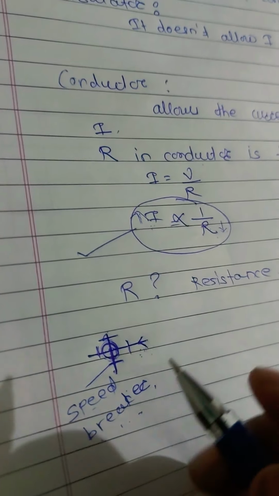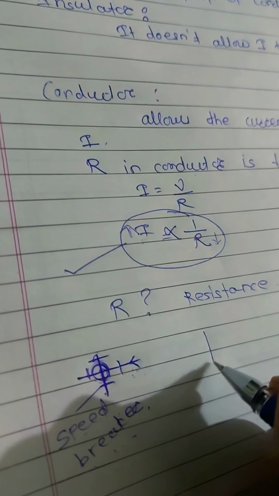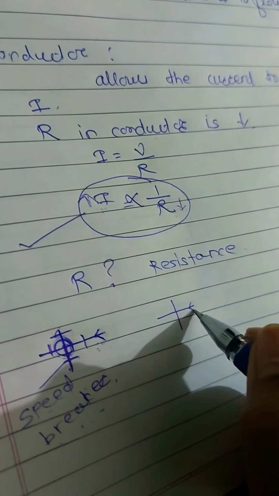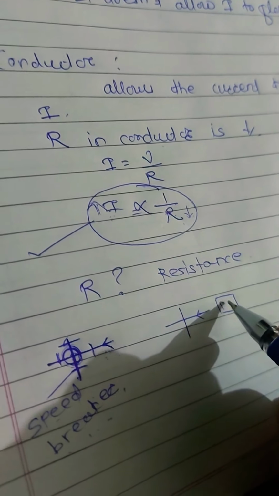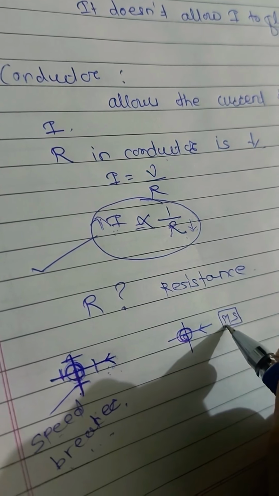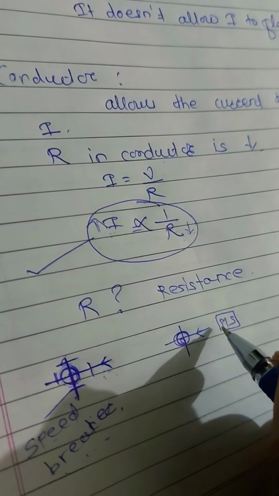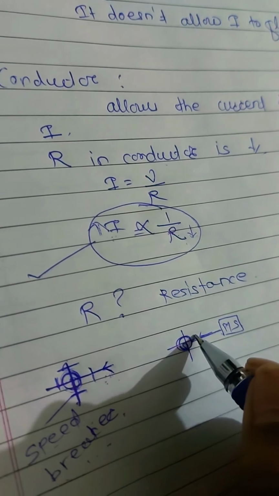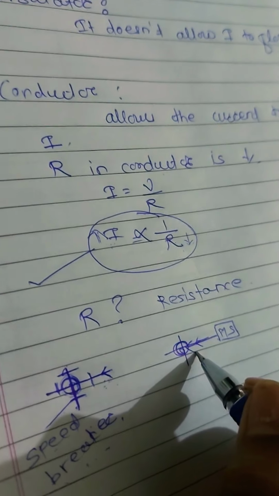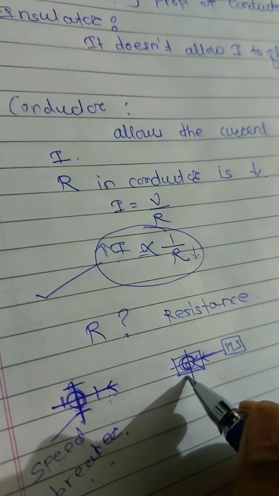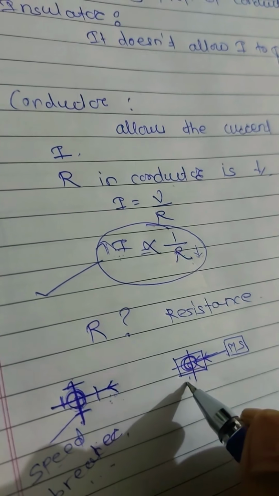In the same way, if the current coming from the main supply is allowed to go directly to your device, then the chances of burning out your device are more.